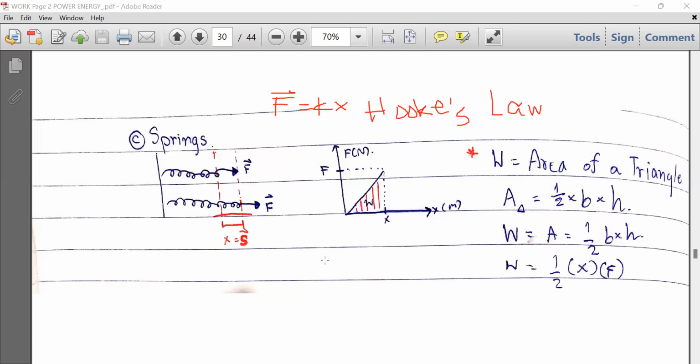Elasticity means the object returns to its original shape or position after applying force. You stretch the spring and then you release it, and the spring returns to its original shape or position. That is called elasticity. So that's K. The force is equal to Kx. Hooke's law.